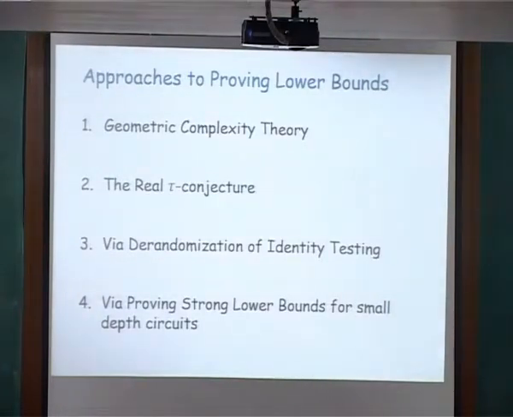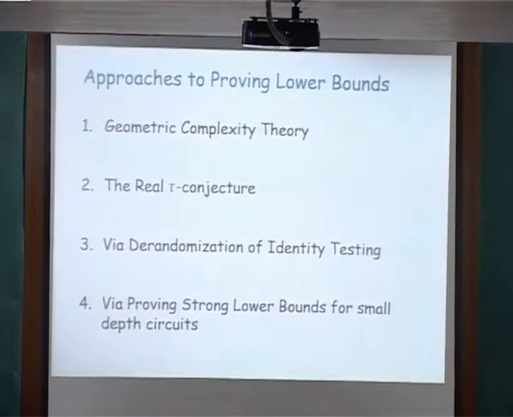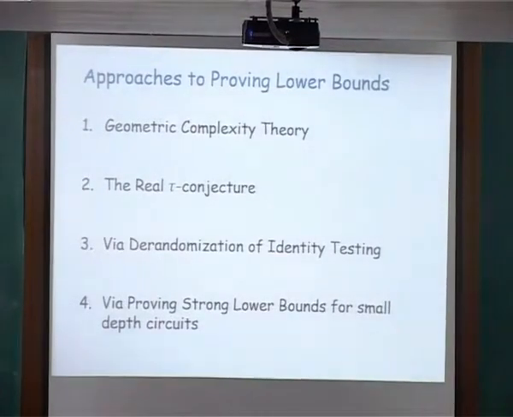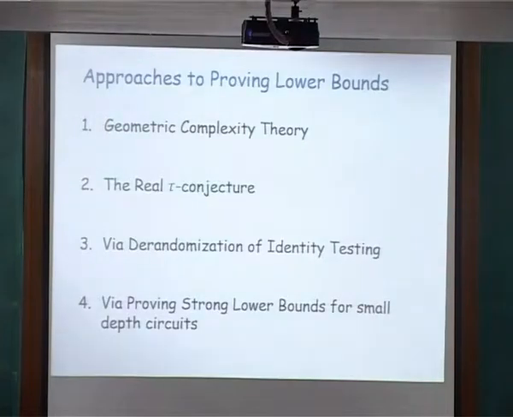One is what is called geometric complexity theory, pursued by Kayal and Mulmuley. Another is via the real tau conjecture, recently pursued by Pascal Koiran. It has connections to fewnomial theory. Another is via derandomization of identity testing; we will see more talks on identity testing.